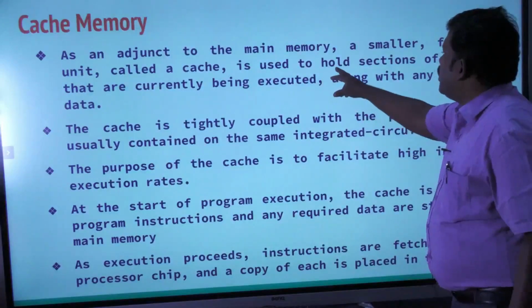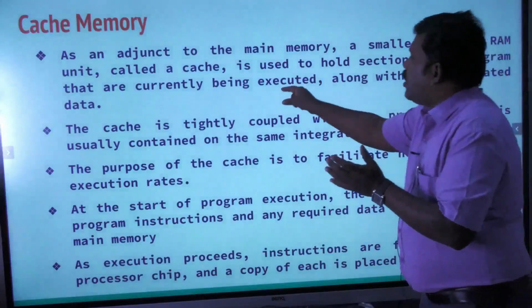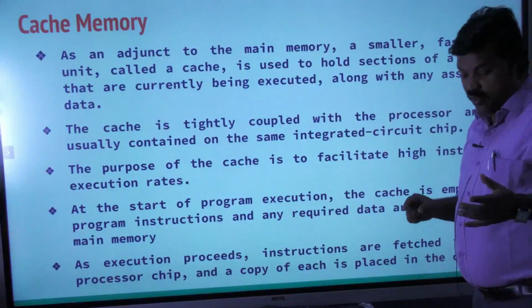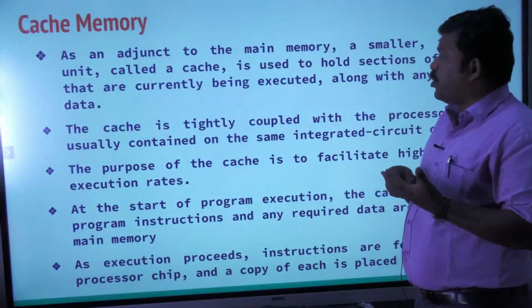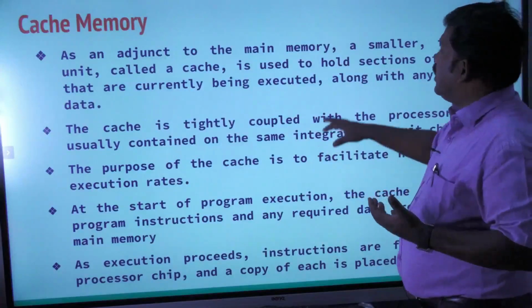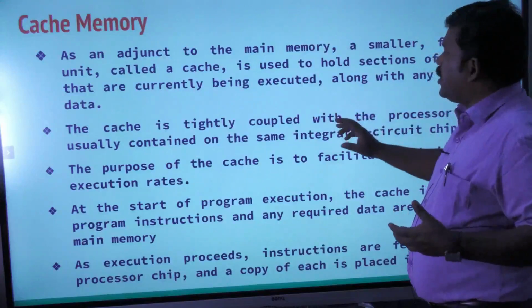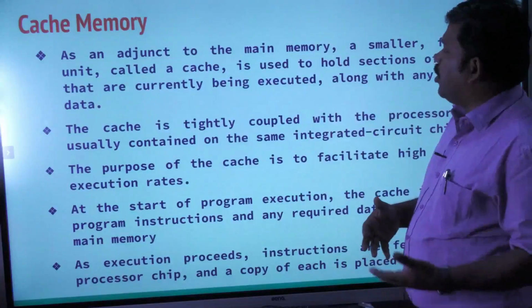Normally cache memory is used to store a portion of the program which is currently being executed, along with any associated data. Once the current instructions are completed, the cache content will be removed and new content will be placed.